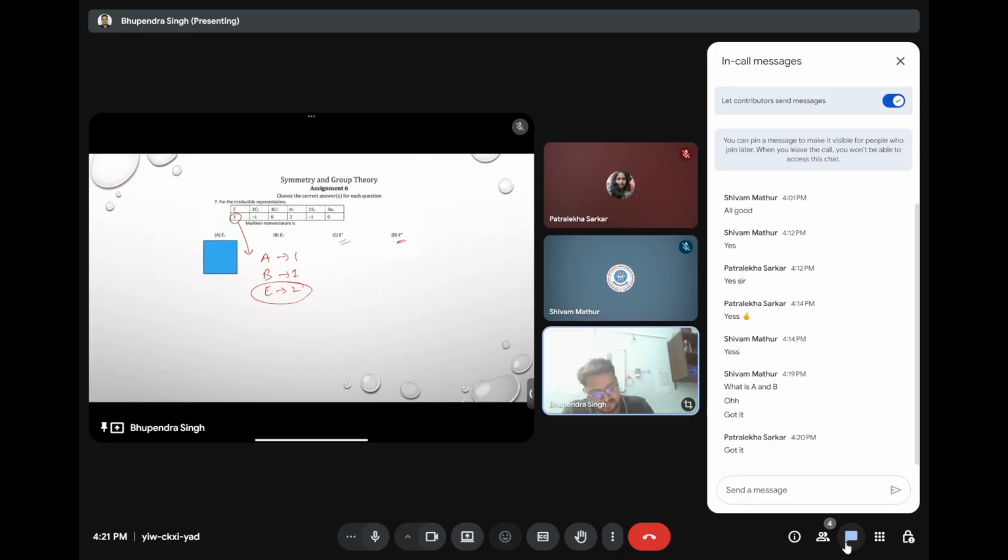So which means that it is two-dimensional. E2 means the irreducible representation is two-dimensional, and if 1 is present, it means that it is one-dimensional.